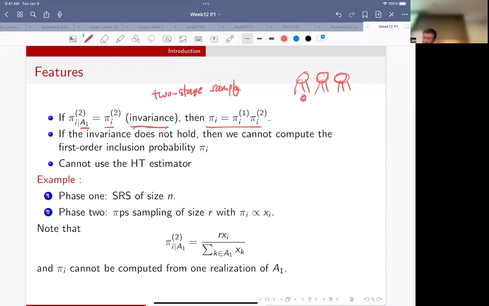So if the invariance does not hold, then you cannot compute the inclusion probability, and so we cannot really use the Horvitz-Thompson estimator. So basically, the point is that in this example, this weight is a random variable.